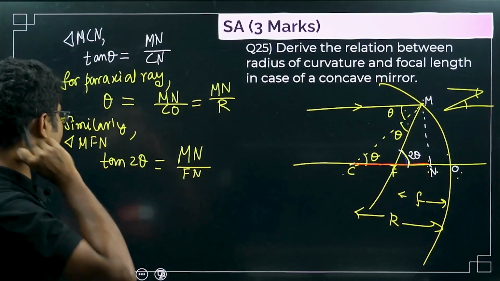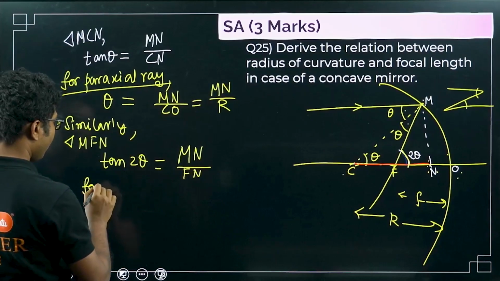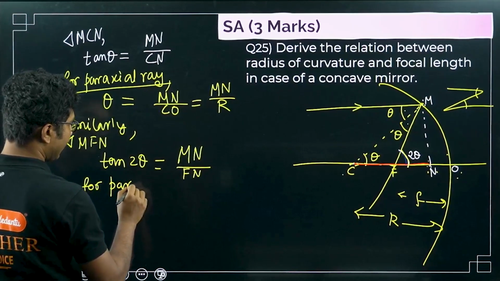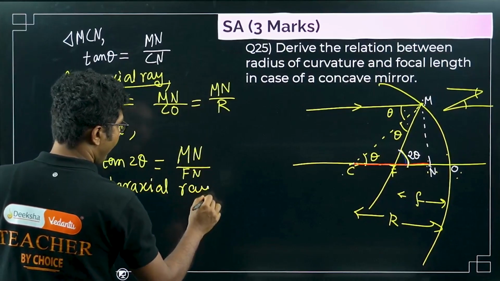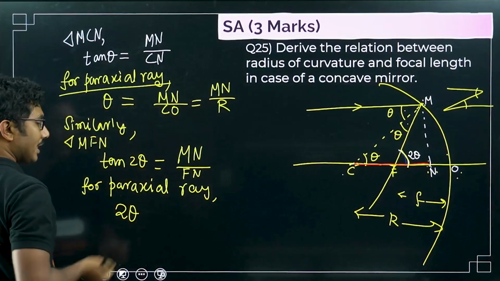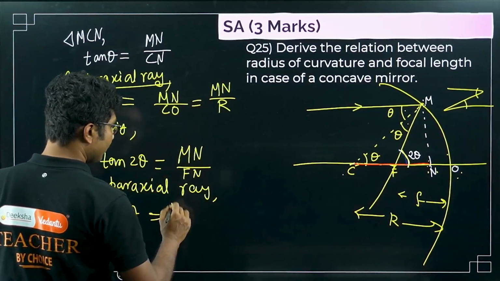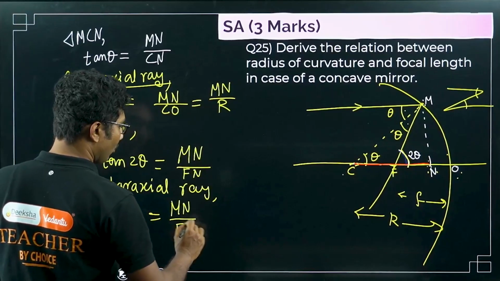Now again we will apply the same concept for a paraxial ray. Tan theta will become theta, and tan 2 theta will become 2 theta, equals MN divided by FN, which will become FO.